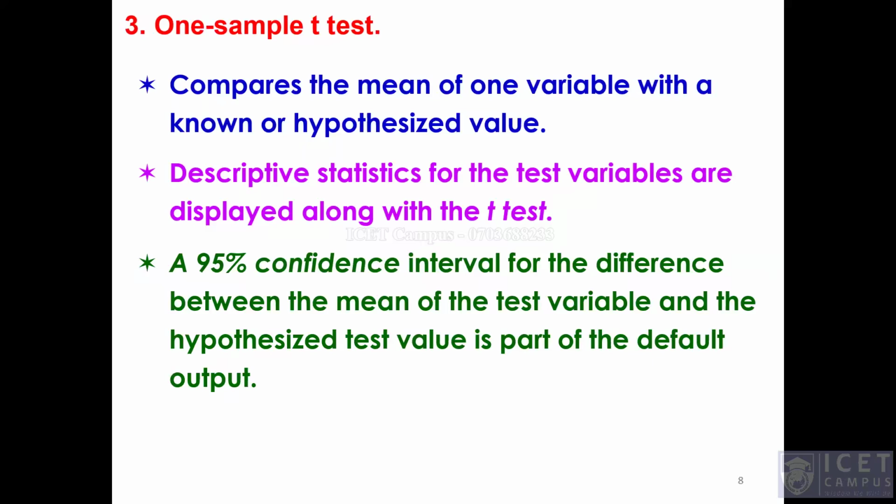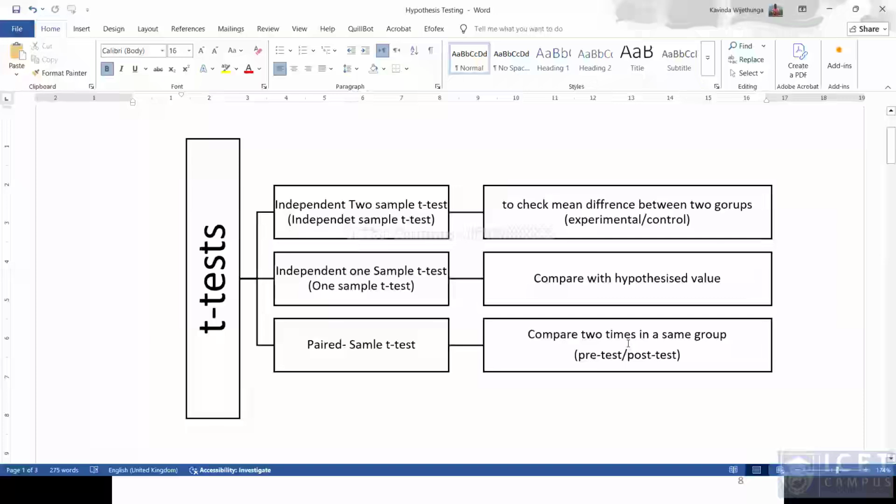So if we compare with a hypothesized value or a known value, for example, again related to the education field, suppose you need to check whether there is a difference between the national level marks and my school marks.